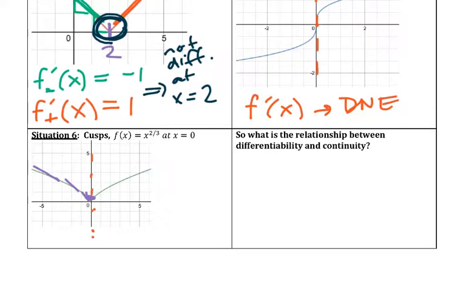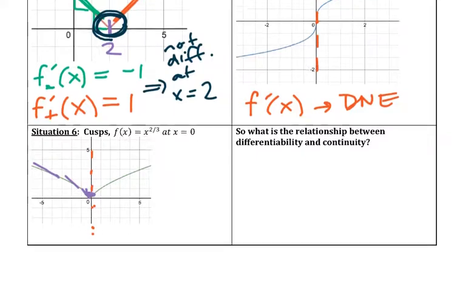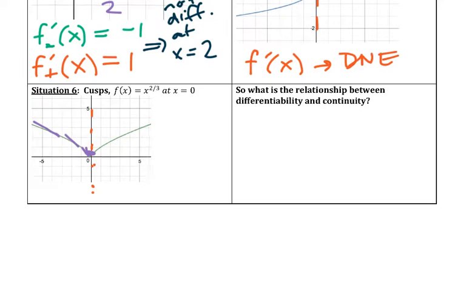Since the tangent line is vertical, the slope is undefined, and if the slope is undefined, the derivative also does not exist. If you were to use the formal limit definition of a derivative, you would end up with something like 1 over 0, which we know means that the limit does not exist. So we can say f prime of x does not exist, whether you're coming from the left or from the right.